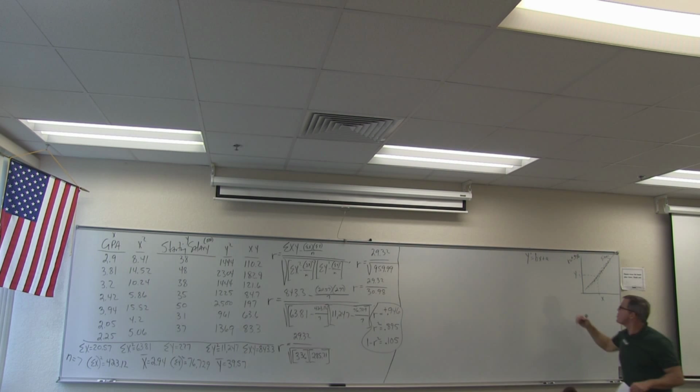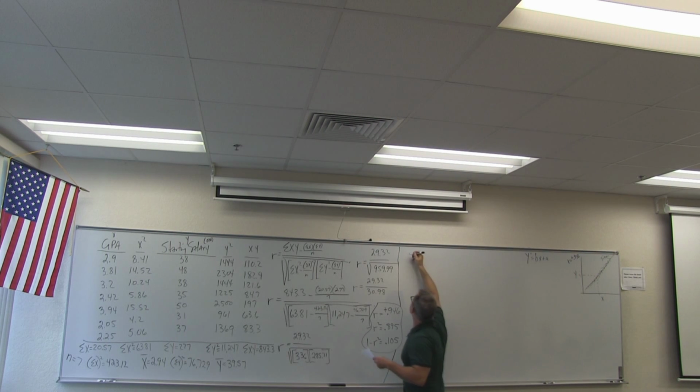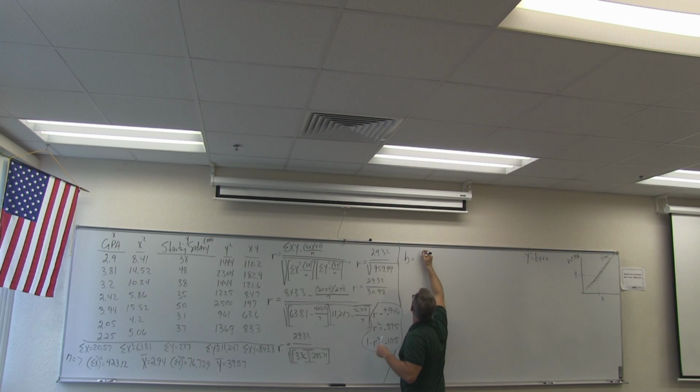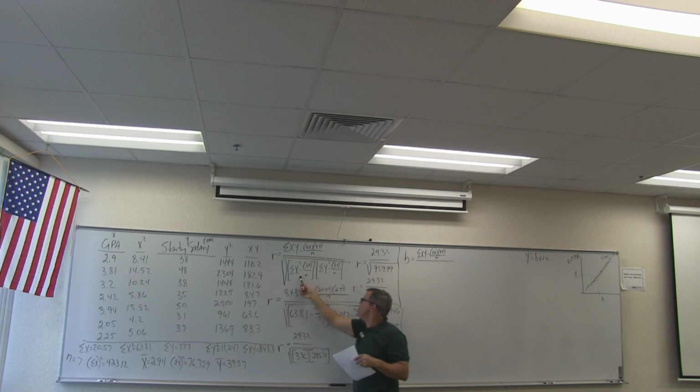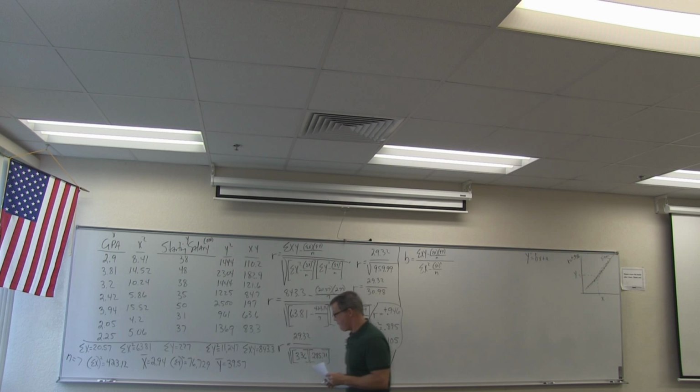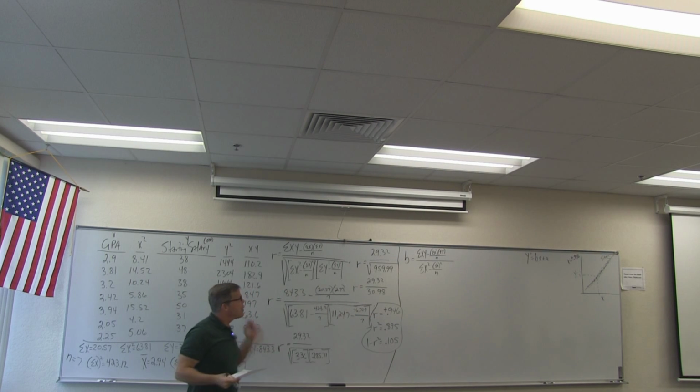Before we do that, let's start with b, the slope. And the good news is all our information is right here. B is, again, the numerator of Pearson R divided by this piece of the denominator. So we already have the numbers in front of us.